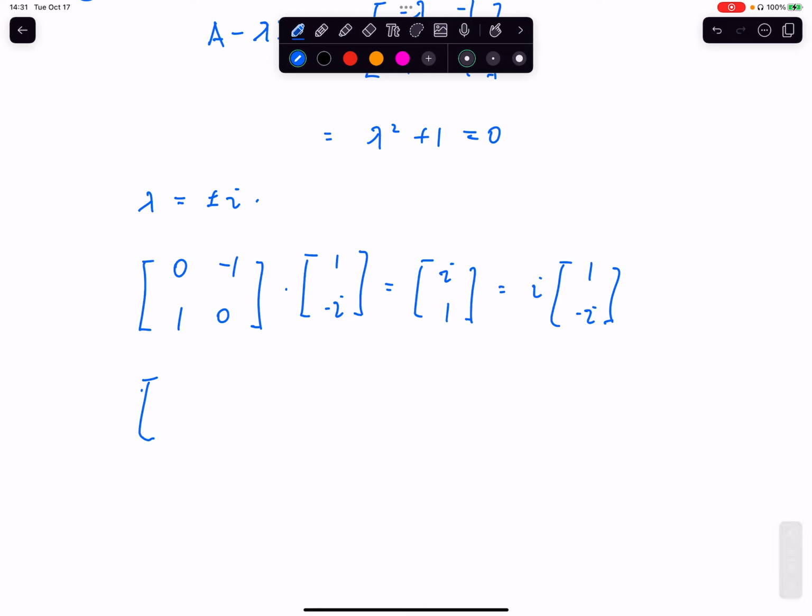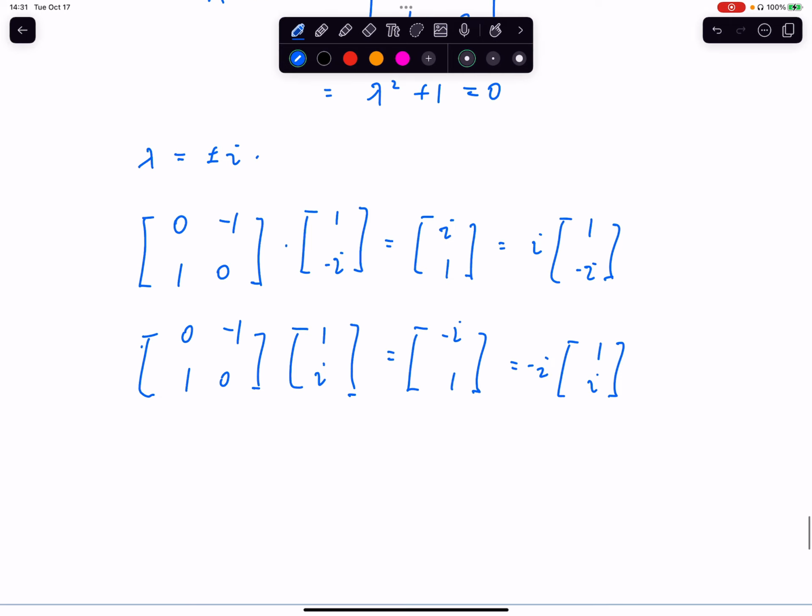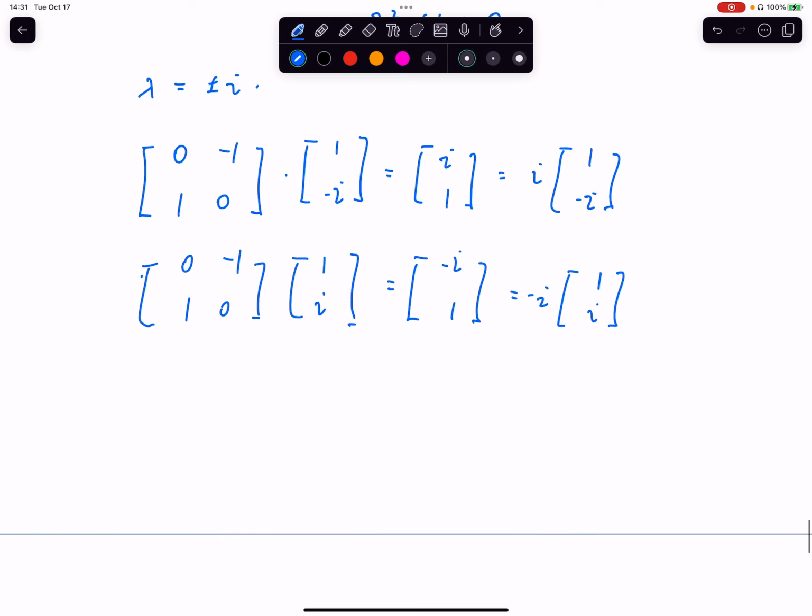On the other hand, [0, -1; 1, 0] times (1, i) is (-i, 1), so it is minus i times (1, i). So i and minus i are eigenvalues, and these vectors are the corresponding eigenvectors.